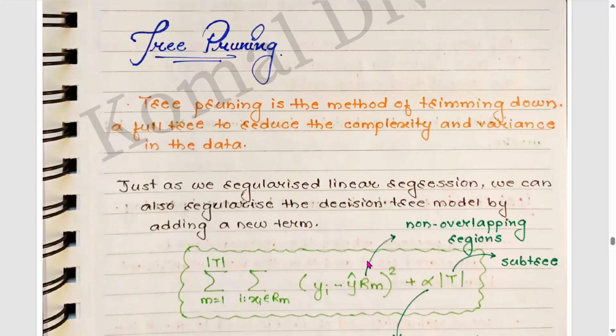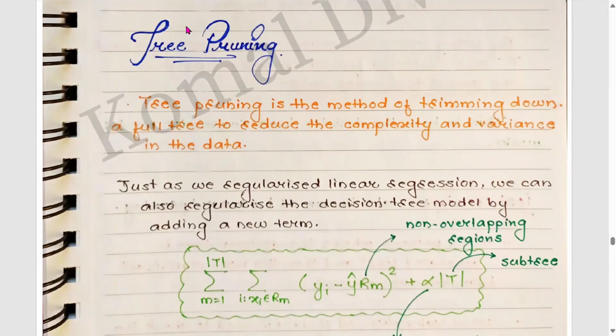Tree pruning is the method of trimming down a full tree to reduce the complexity and variance in the data.